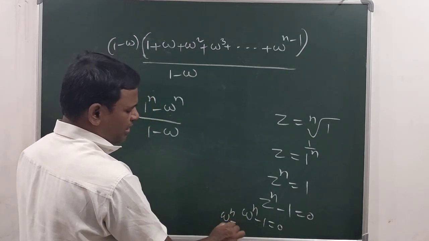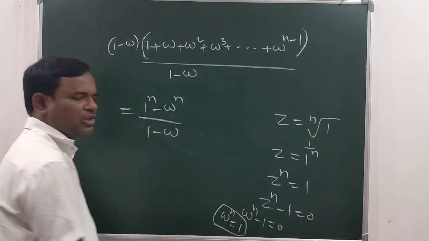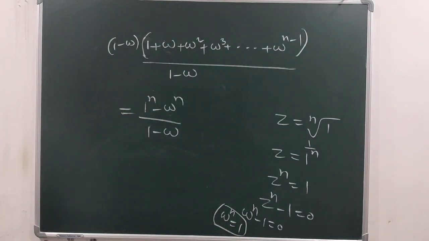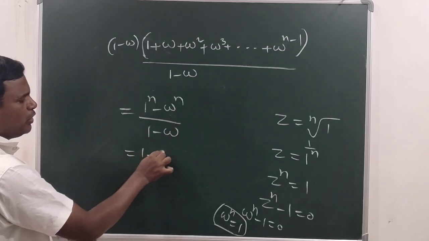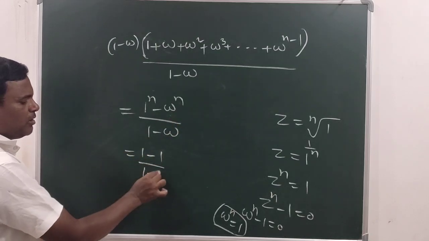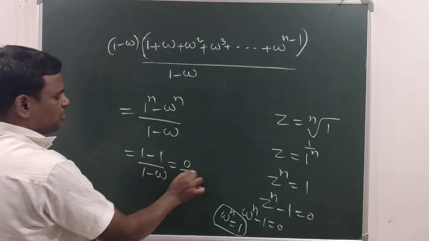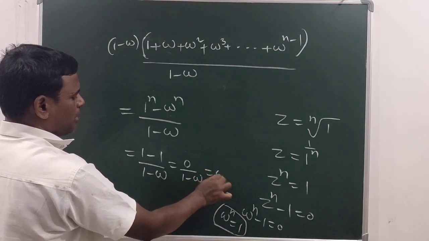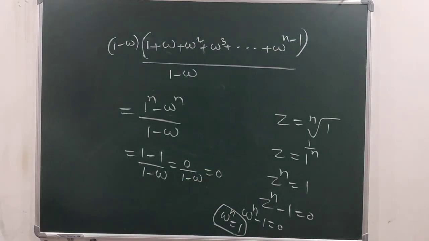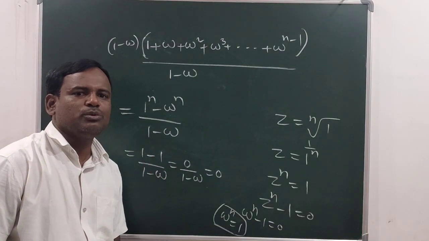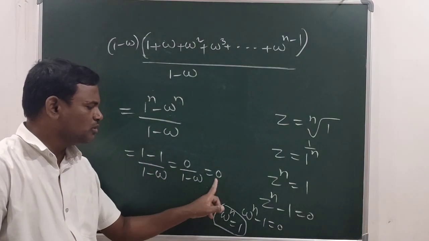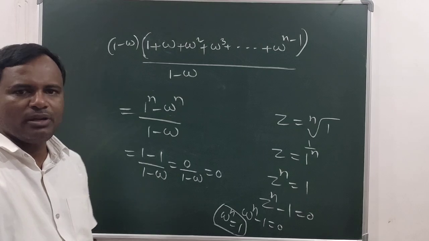Now omega power n is equal to 1. Now in the place of omega power n, if you write 1 here, it is going to be 1 minus 1 by 1 minus omega. 1 minus 1, 0. 0 by 1 minus omega, which is equal to 0. So, sum of all the roots of nth root of unity is always equal to 0. Remember that point.